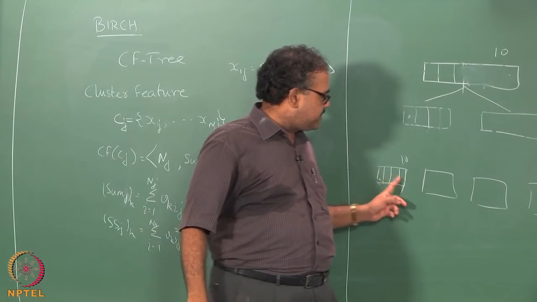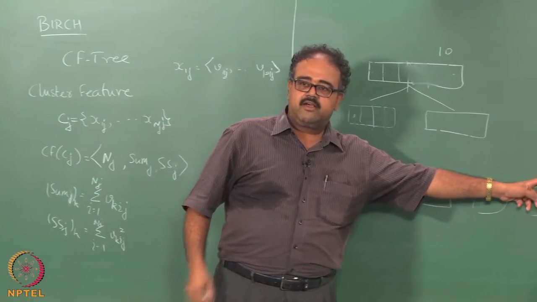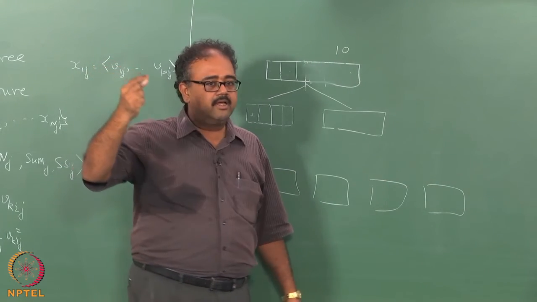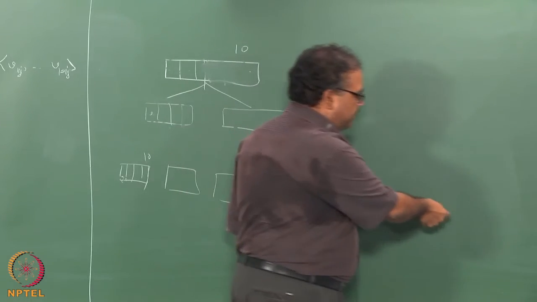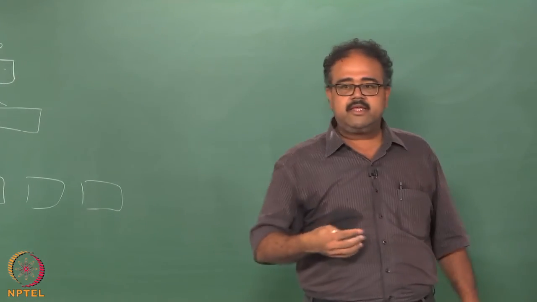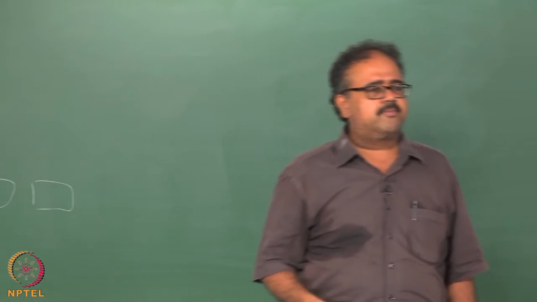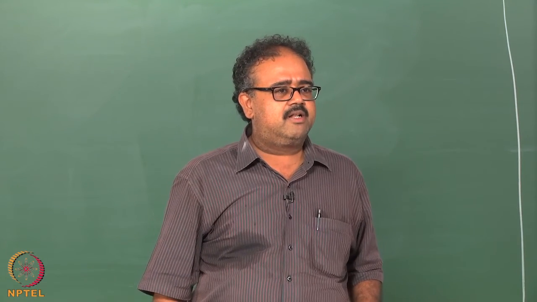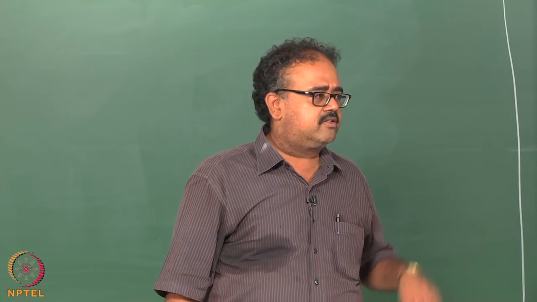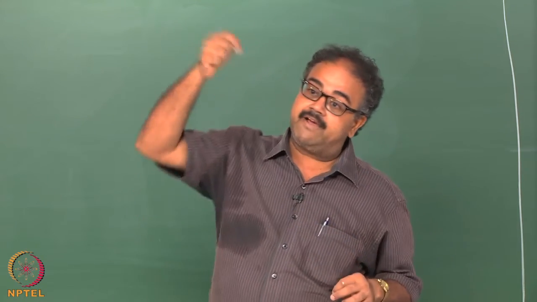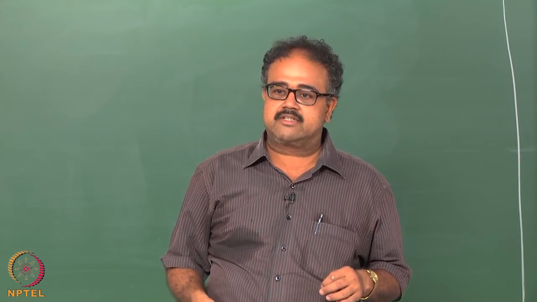Corresponding to each entry in each one of the leaves, I will get one data point, which is the centroid, and then I start with these centroids and do a clustering all over again. Here I can do whatever I want, single link, complete link, whatever. Because I have reduced the number of data points to something small and manageable, I can do whatever clustering method I want on these data points, and then I get the final centroids after that clustering.